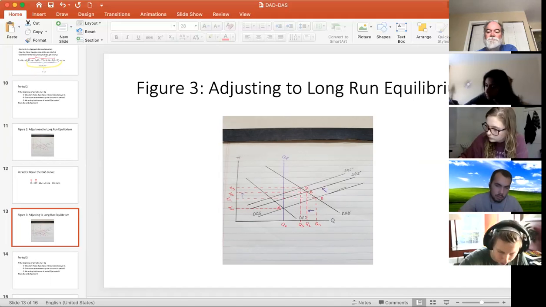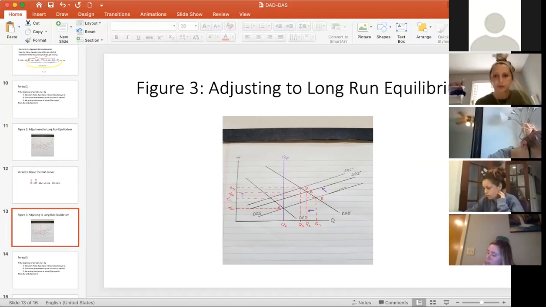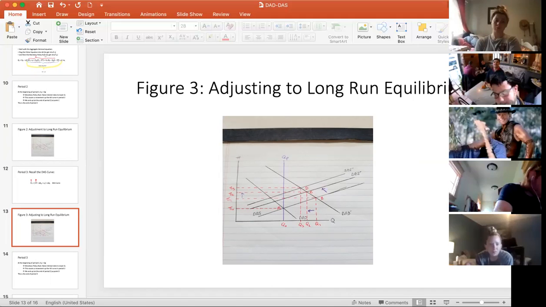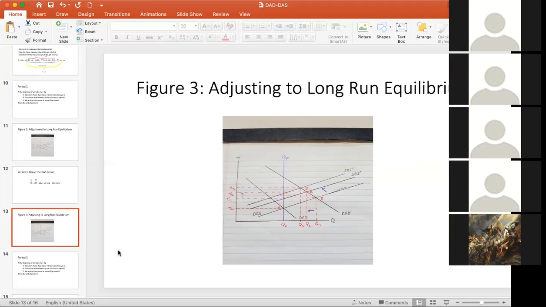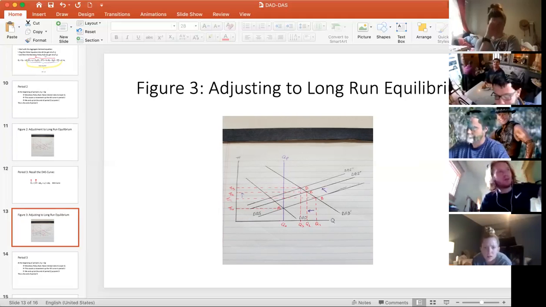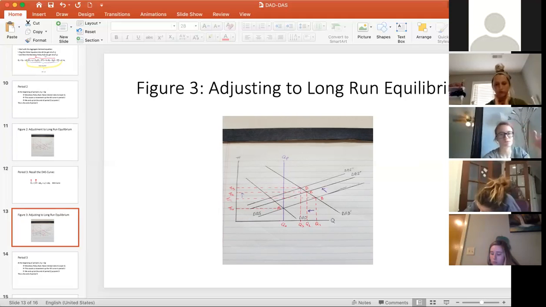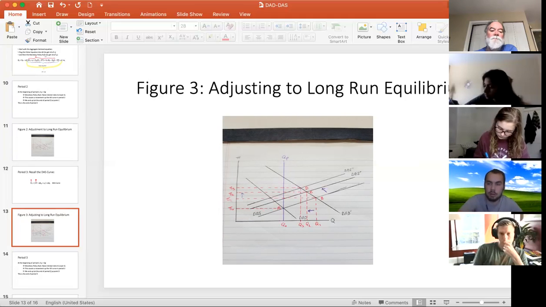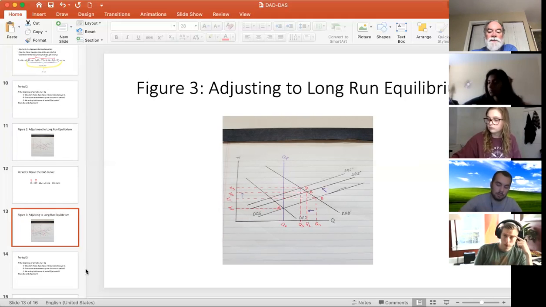Anybody know? Is the expectations just smaller than it was from B to C then? Yeah, what it means is they didn't underestimate as much the second time as they did the first time. So they're catching up with their expectations.